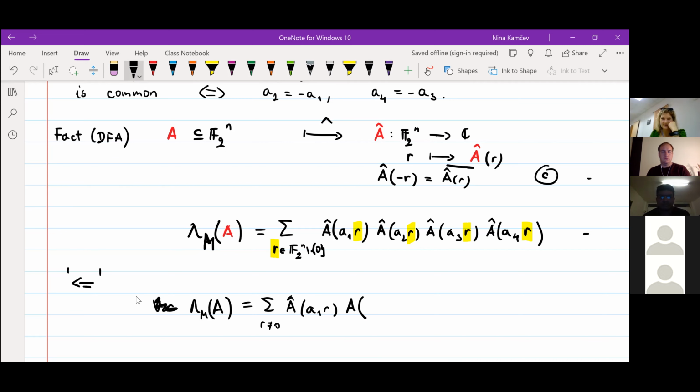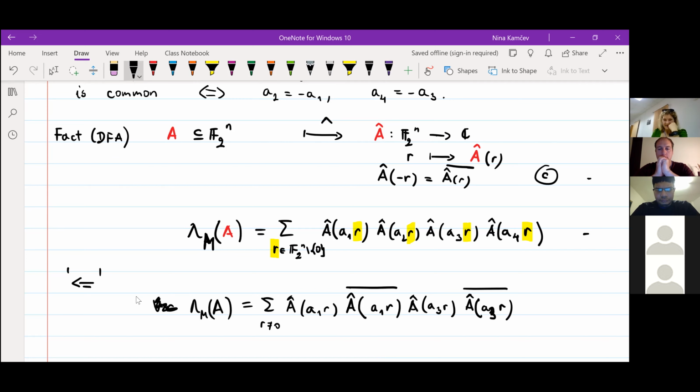Because a2 is minus a1, by the conjugation property we can just replace this by a conjugate and get rid of this minus. We do the same thing for a3 and a4, which is again just the conjugate of a3R. So this whole thing is non-negative. Why? Again, this is just the modulus of a complex number, so the whole sum will be non-negative.